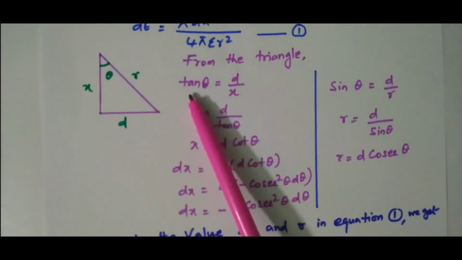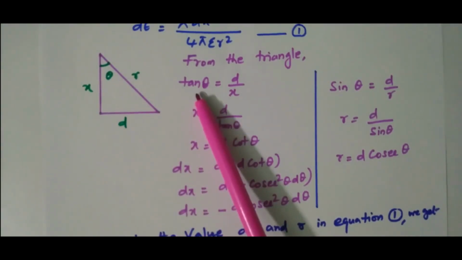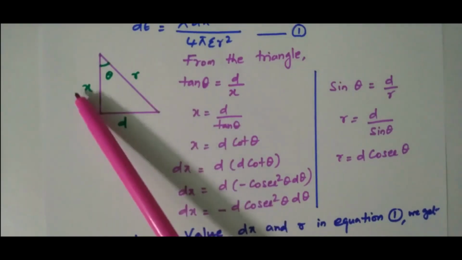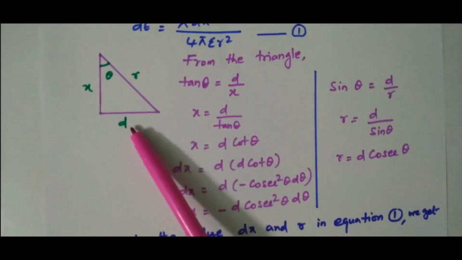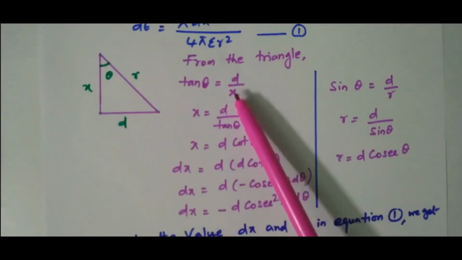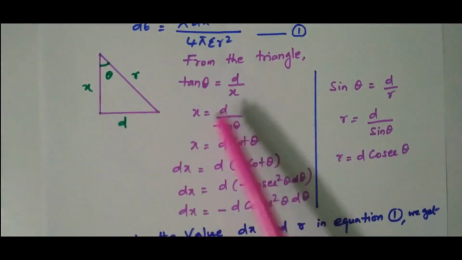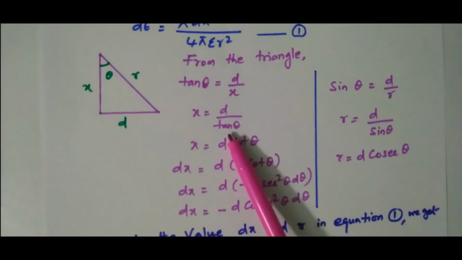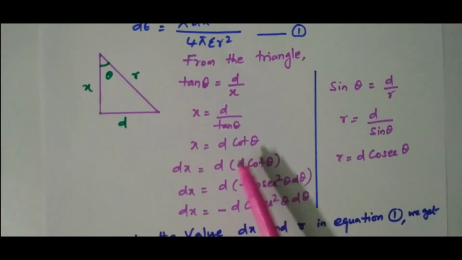Find the expression for tan theta. Tan theta means opposite side by adjacent side, d by x. So x equal to d by tan theta. 1 divided by tan theta is cot theta, so x equal to d cot theta.